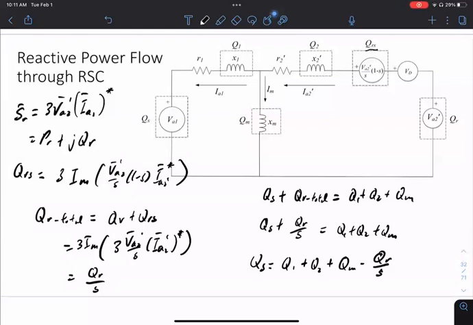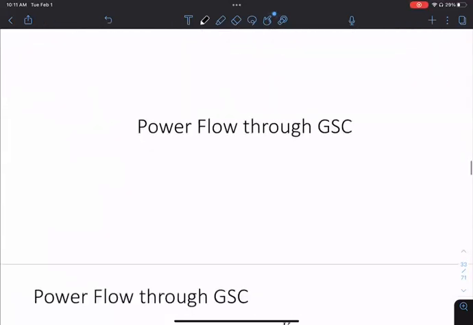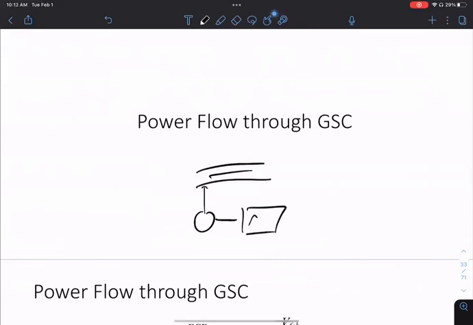Right, so this is the power flow through the rotor side. We have another power flow because remember the path that the rotor goes in. So this is the three-phase grid side, but now you have a converter here, and you have a grid side converter here.